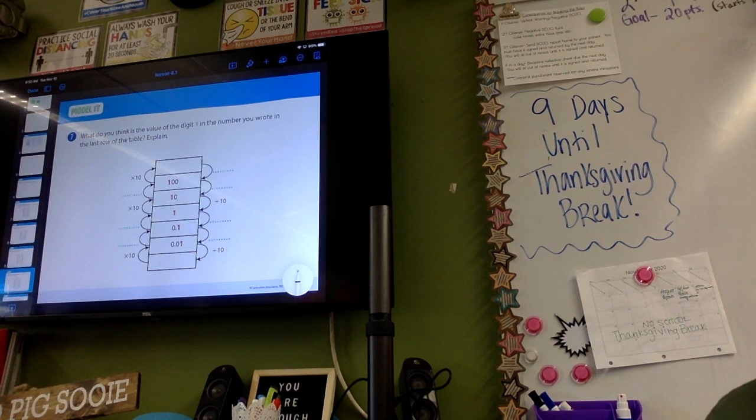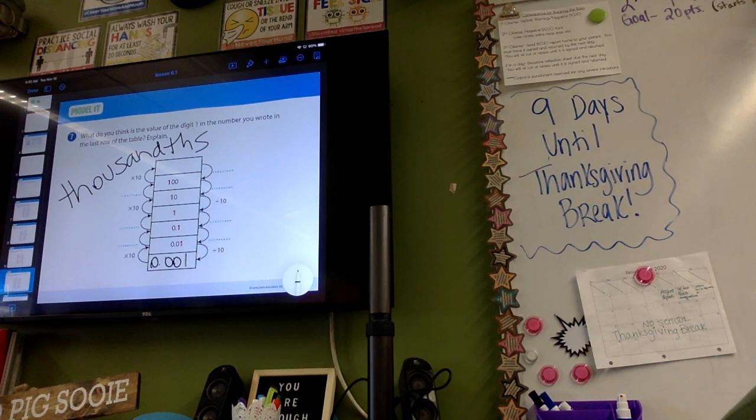All right, next one. Number 7. What do you think is the value of the digit 1 in the number you wrote in the last row of the table? So what that's asking you, look at your last box on your table, and we wrote 0.001. That's asking you, what is the place value for that 1? Thousandths.